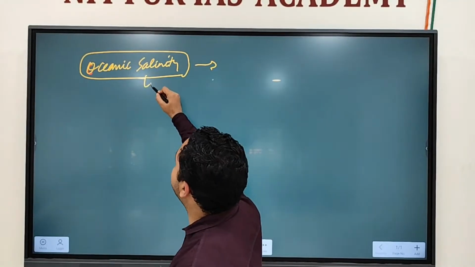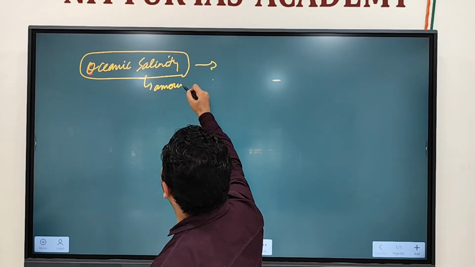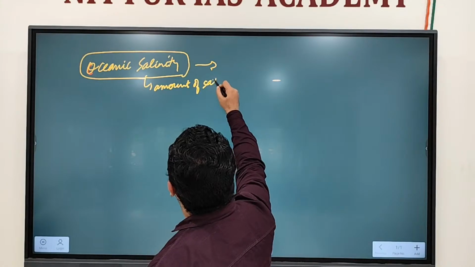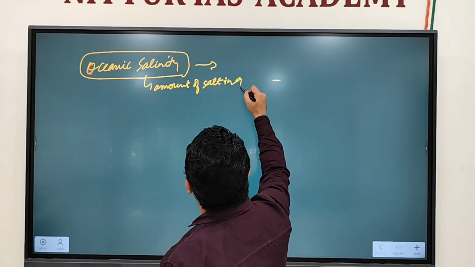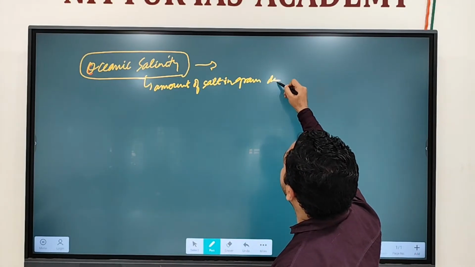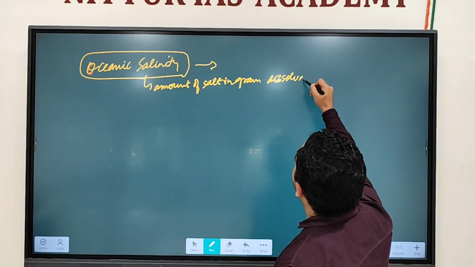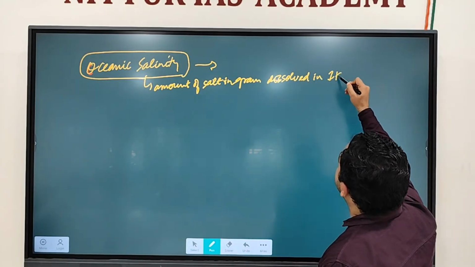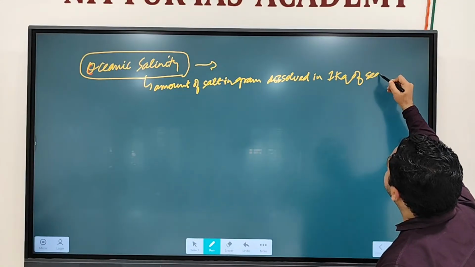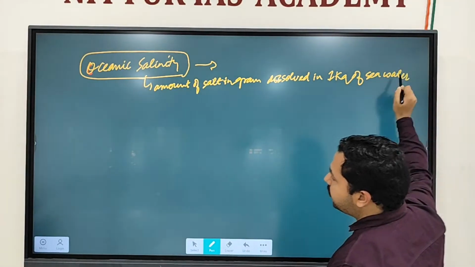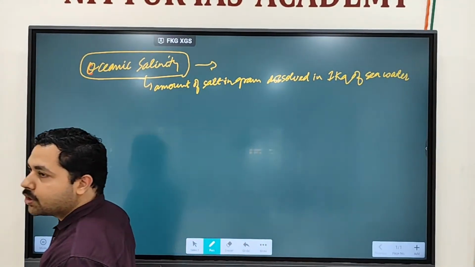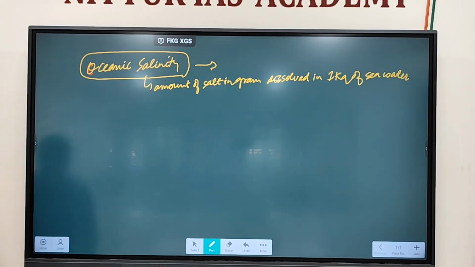It is defined as the amount of salt in grams dissolved in 1 kg of seawater. This is how we define the term salinity. So the amount of salt in grams dissolved in 1 kg of seawater, this is referred to as salinity. Clear? Any doubt regarding this one?